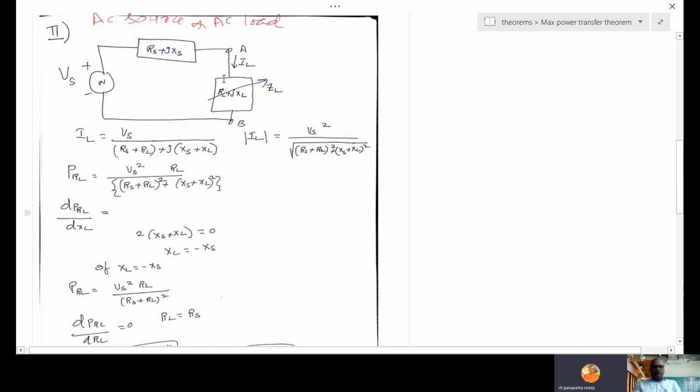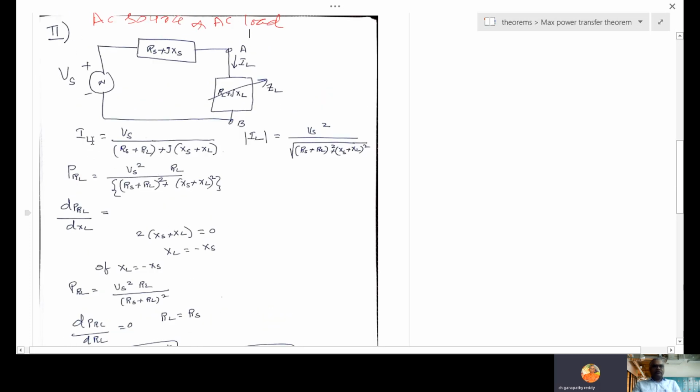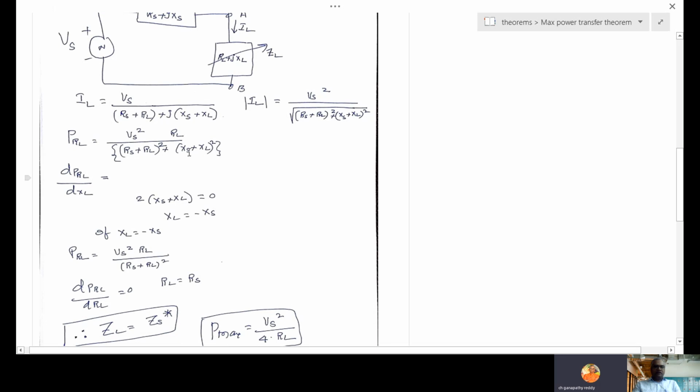Now we want to find for what value of ZL maximum power transfer to ZL. This derivation we have to understand. So what is the IL formula? IL is equal to Vs divided by Zs plus ZL, so Rs plus RL plus j(XS plus XL). Magnitude of IL is equal to Vs divided by root of real part square plus imaginary part square. Then we want the power in RL.